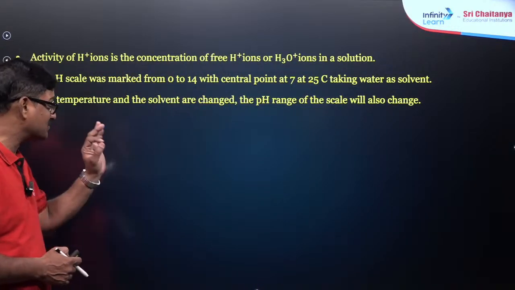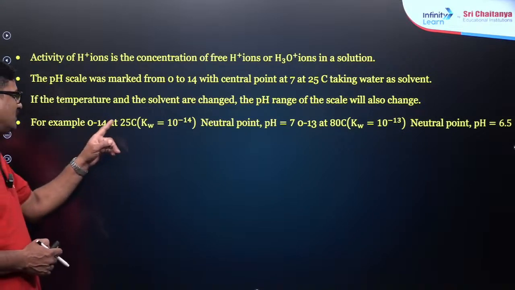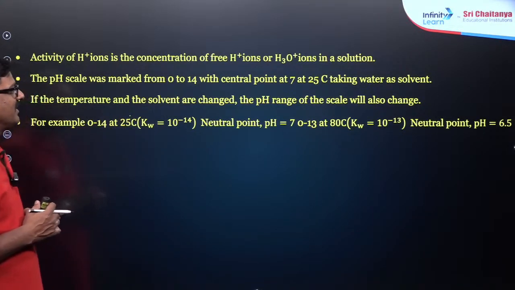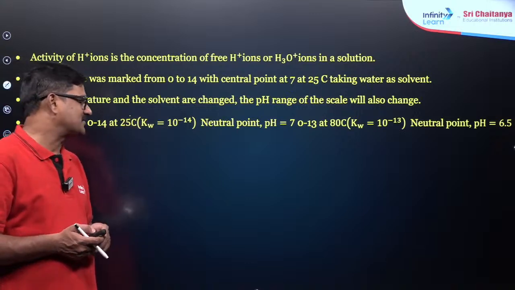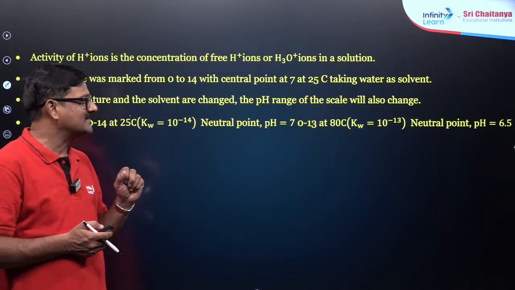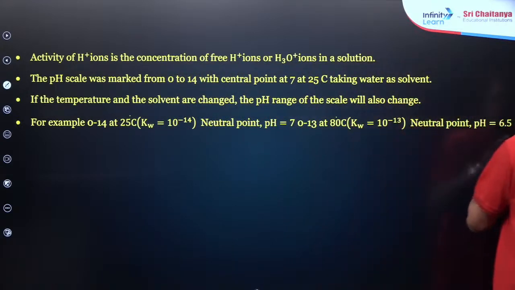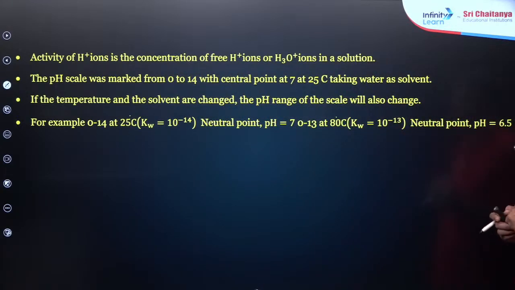It is temperature dependent. For example, 0 to 14 at 25 degrees centigrade, Kw is 10 to the power minus 14, and the neutral point is 7. For 0 to 13 at 80 degrees centigrade, Kw is 10 to the power minus 13, and the neutral pH is going to be 6.5.